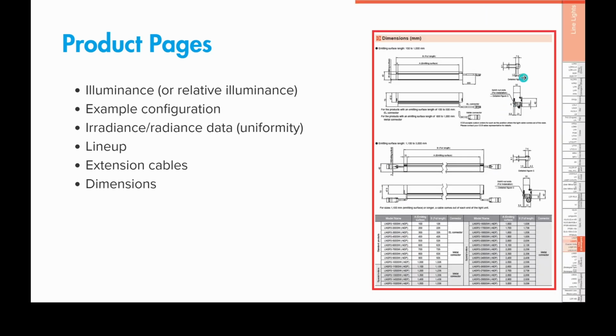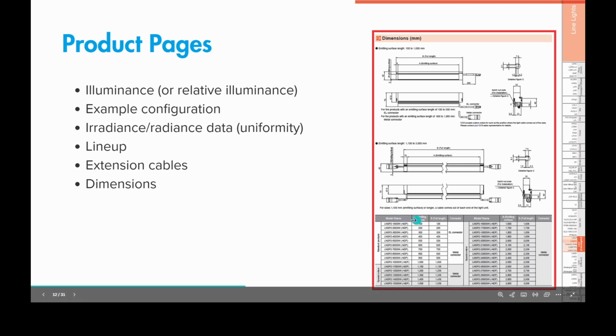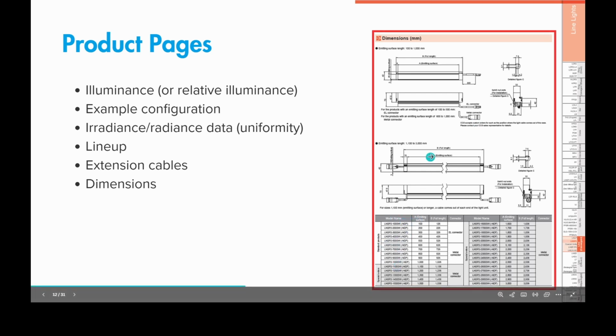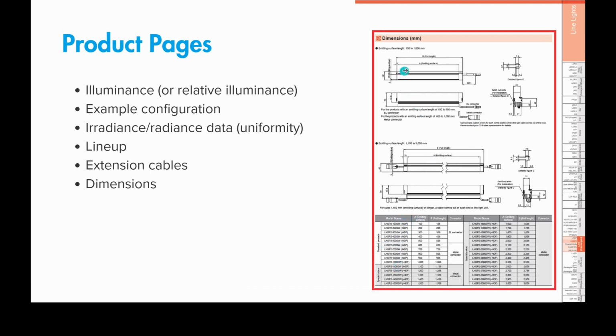Then you get to the dimensions. With line scan, the dimensions are a lot easier because you don't have to put the dimensions of each light. If we did, that would be a lot of information because we'd have a lot of products. But the way that the dimensions work here is it gives you dimension A and dimension B. A is the emitting surface and B is the full length. So if you look at the LNSP2 300, the emitting surface is 300 millimeters, but the full length of it is 325 millimeters.